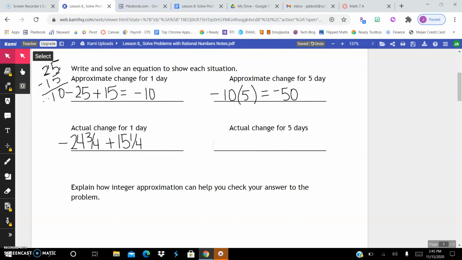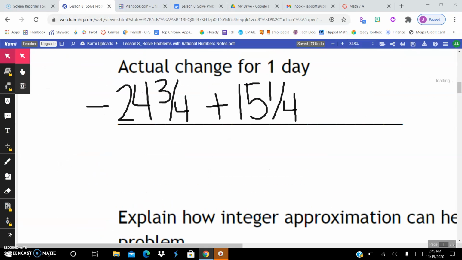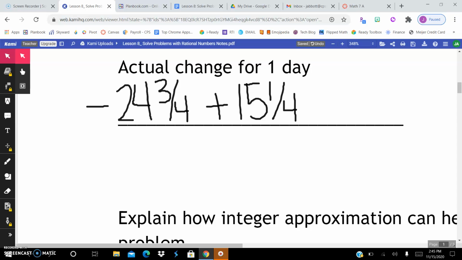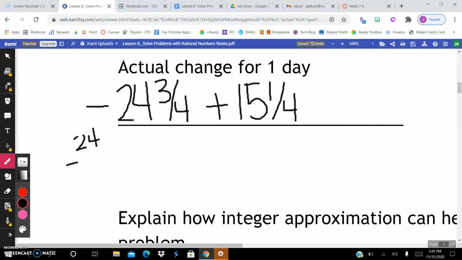So what I would do for this one is they're different signs. So I'm going to take a look at their whole numbers first, and they're different, so I'm going to subtract. So I'm going to do 24 minus 15. And that would give me 9, and the bigger number is negative, so we're at negative 9.